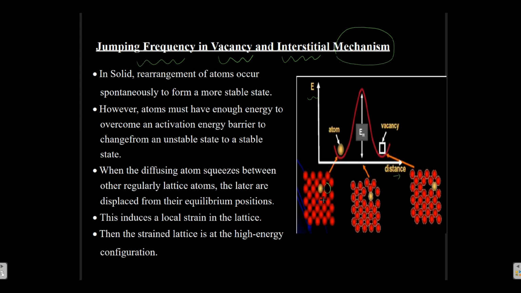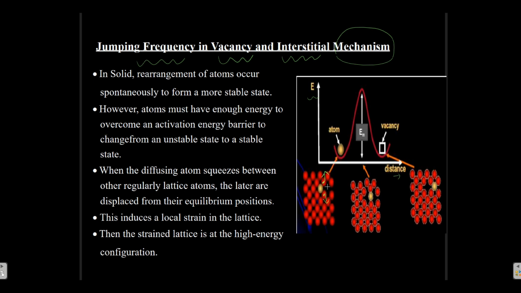Initially, as it was in equilibrium, it has low energy. That means it was stable. Now as this atom is trying to move in this direction, we can see one thing. These two atoms, this atom and this atom, felt strain because it could not easily pass through them. As a result, this atom will move up, this atom will move down.